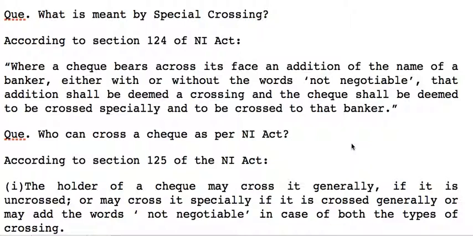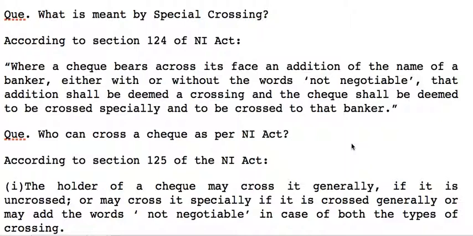Where a check bears across its face an addition of the name of a banker, either with or without the words "not negotiable," that addition shall be deemed a crossing and the check shall be deemed to be crossed specially and to be crossed to that banker.